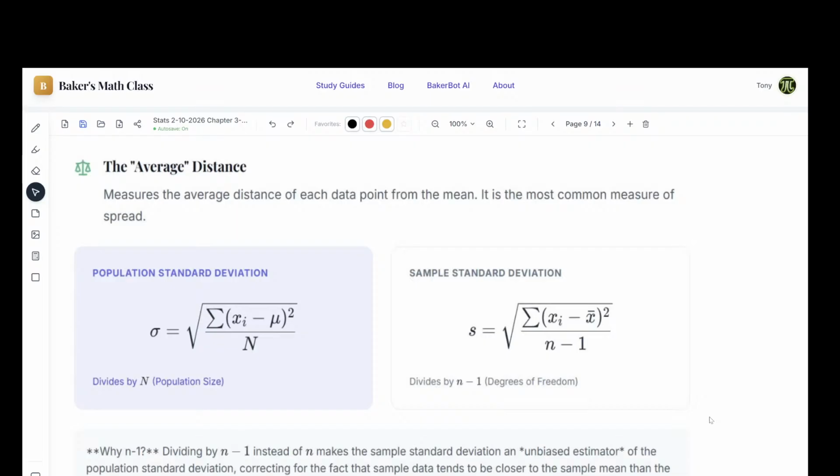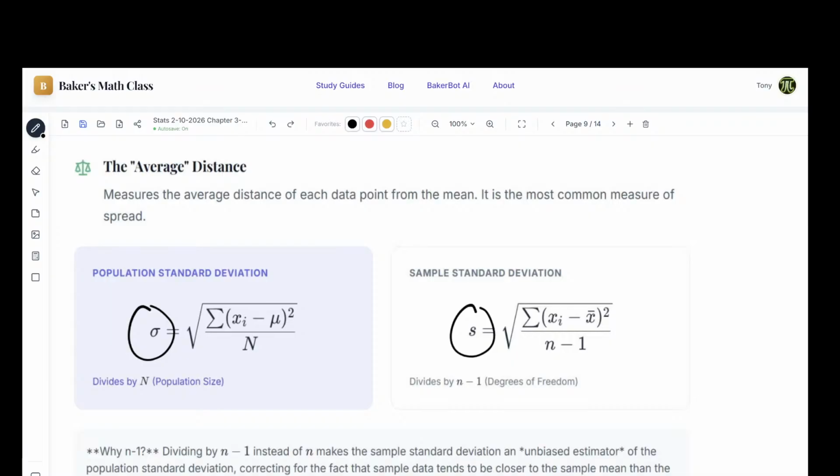The pieces that you absolutely do need to know are, again, the symbols. So we have baby sigma, the Greek letter, and that one is for standard deviation. And then we have the sample standard deviation, which is the little s.